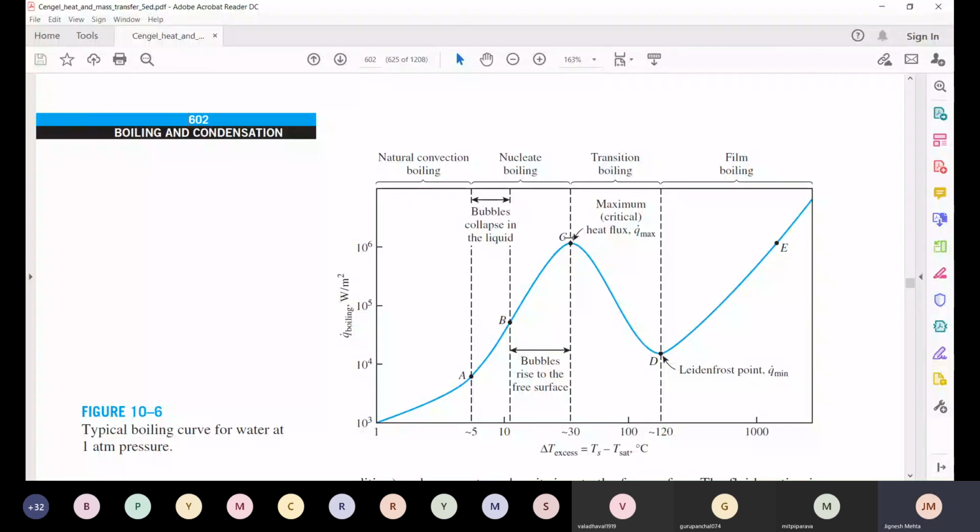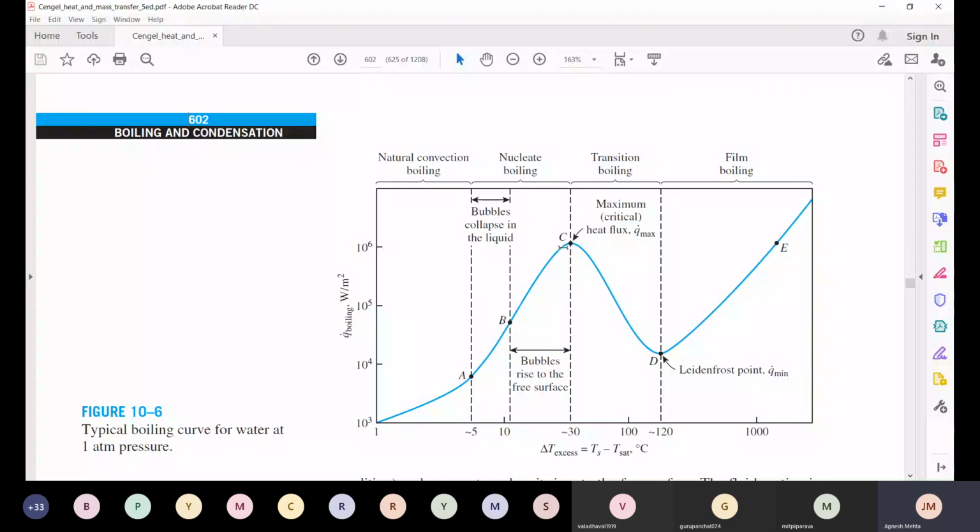Okay. So when Nukiyama initially tried to draw the curve with a heat flux controlled system, he found that he was able to reach near point C, but because he used nichrome wire initially, which doesn't have a very high melting temperature, the heater wire burnt, and he was not able to get anything beyond point C. So then he did the experiments with platinum wire, which has a much higher melting point.